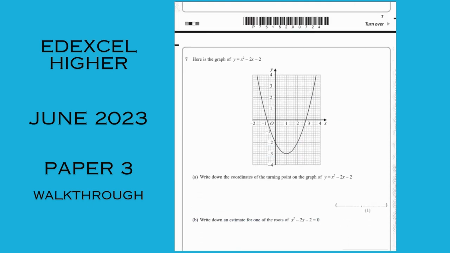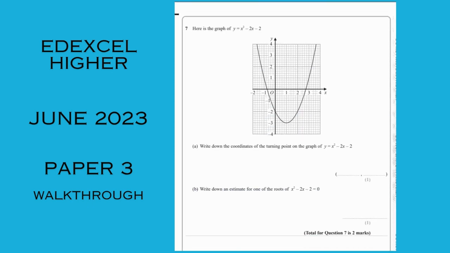Number 7. Easy. If you've got your knowledge of your graph, make sure you revise it. Mark scheme for B always allows a bit either way. Obviously, you're normally allowed half a square or something along those lines. Turning point, vertex of the graph, easy to read off, it's 1, minus 3.